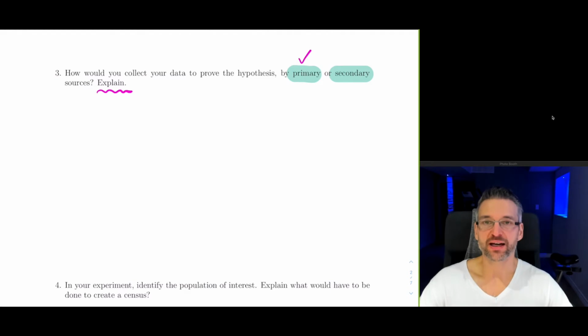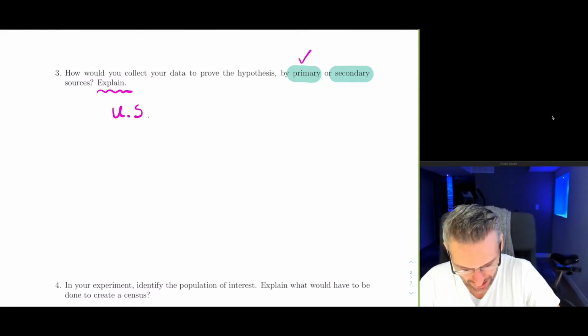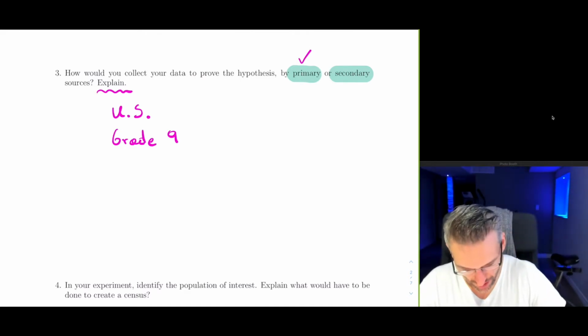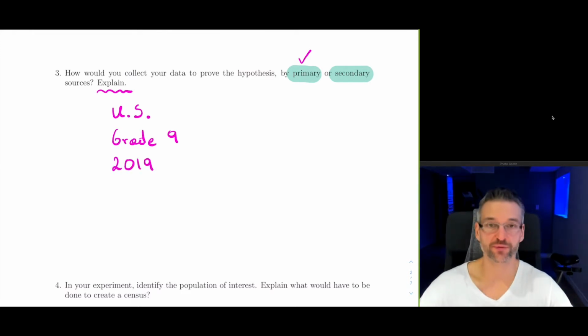Because we are working with the US, the United States, what we want is data from the US. We want data which is from grade 9 students. And we can have data, let's say, for instance, from a year, let's say 2019, just for sake of simplicity.